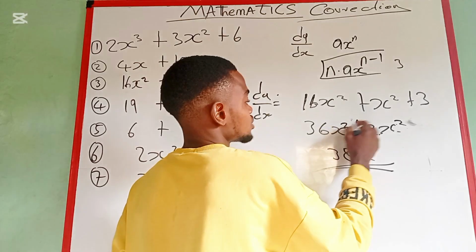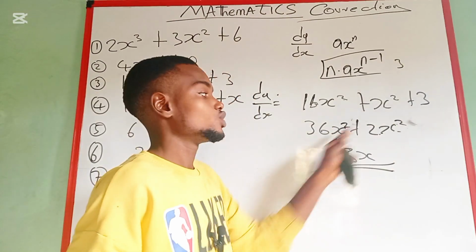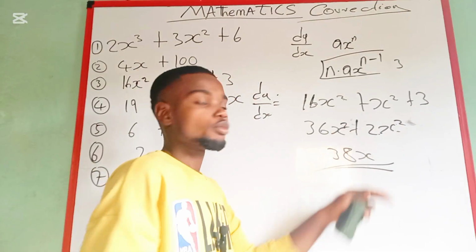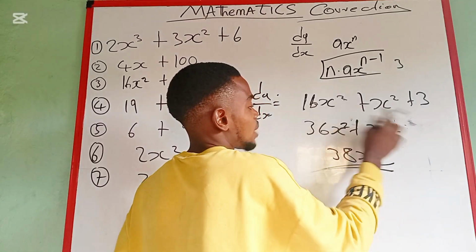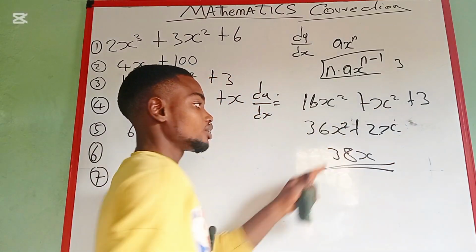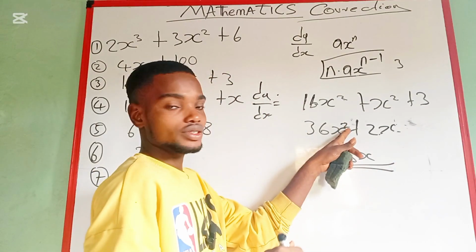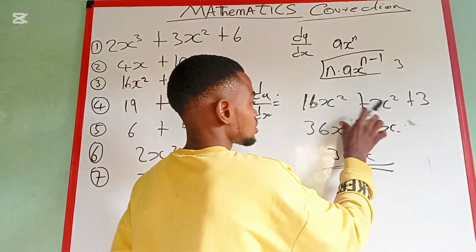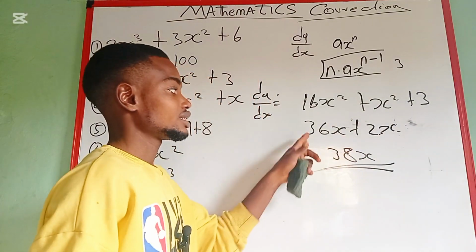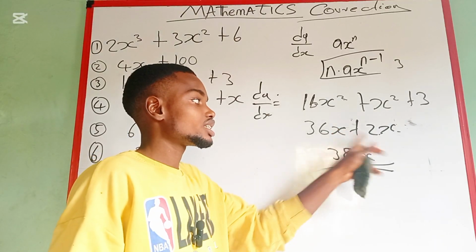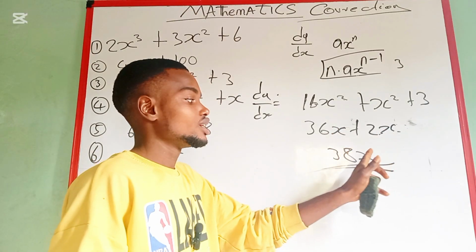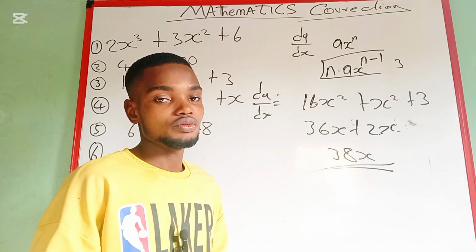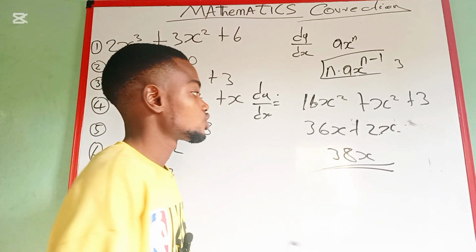Also, if this was s squared and s squared, we will do what? Add them together. But once their powers of the unknown variable are not the same, just like if this was s squared and this is just s, they are not going to add together. But since they are just s, that means 32 something, let's say 32 biscuits plus 2 biscuits, so they are the same thing, it's going to give us 38 what? Biscuits. You understood? So that is it.